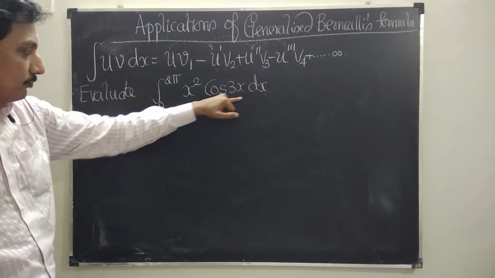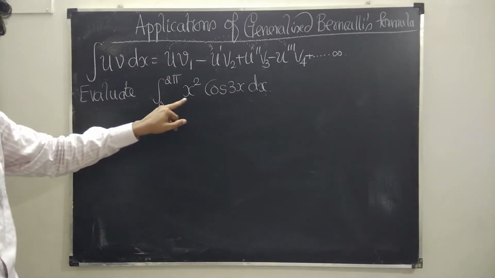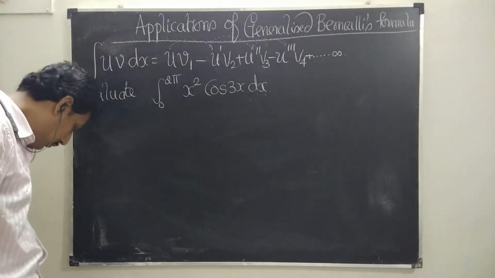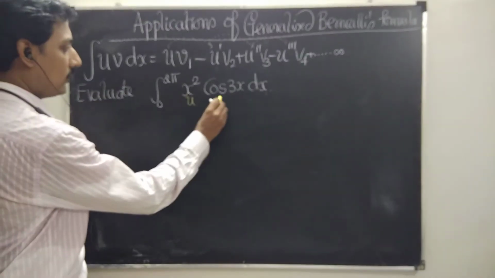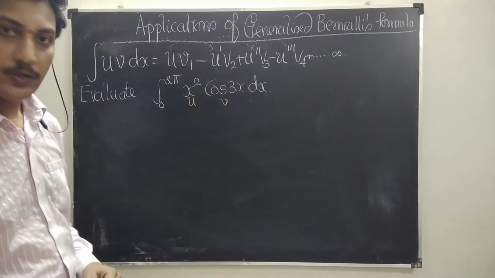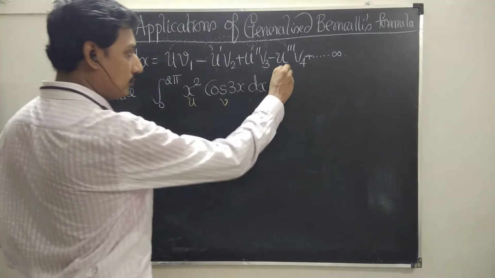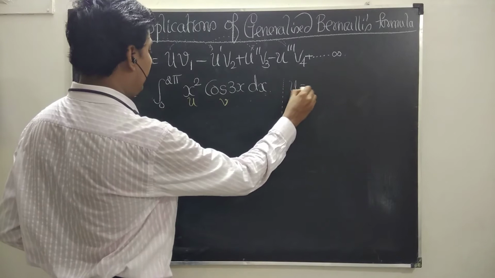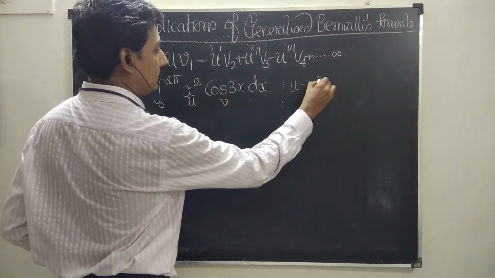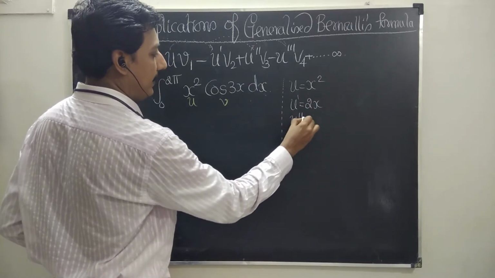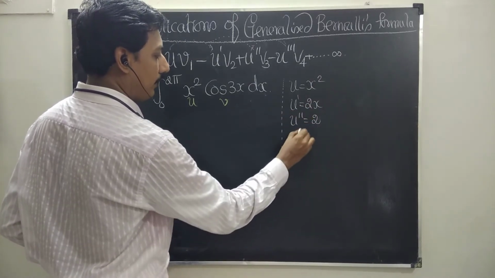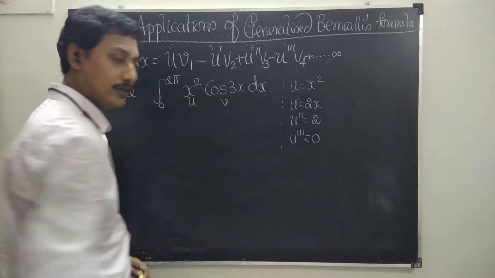So this is a product of two functions, one is trigonometric and the other is polynomial. So I can choose that x squared is my u and cos 3x is my v. Got it? Let us find out the derivatives of x squared. So u dash is equal to 2x, u double dash is equal to 2, u triple dash becomes 0.